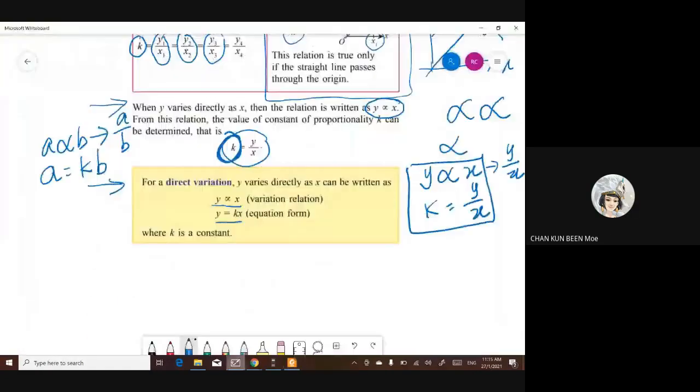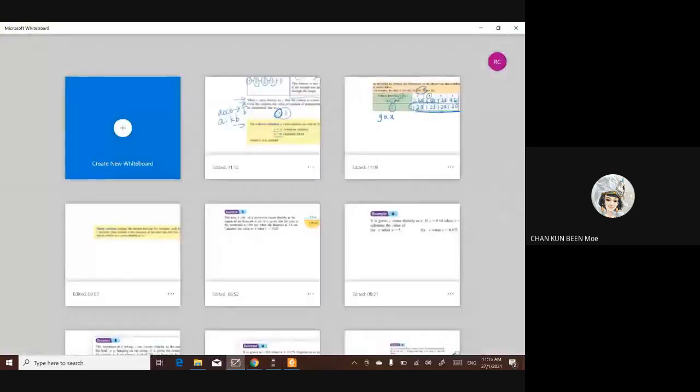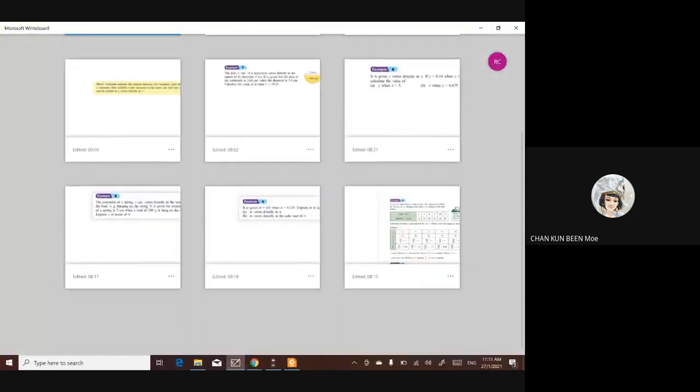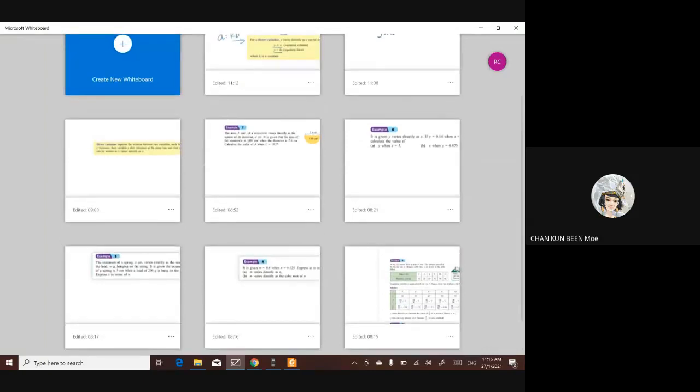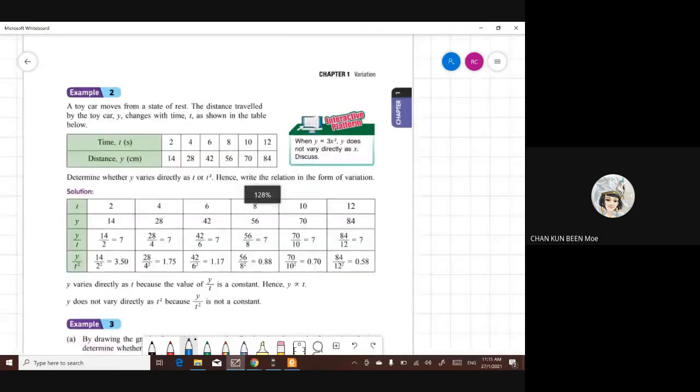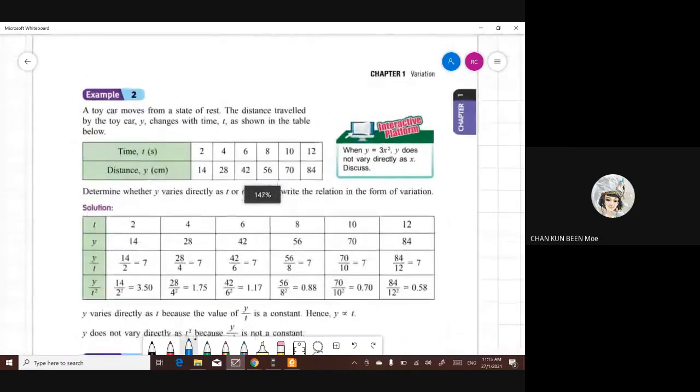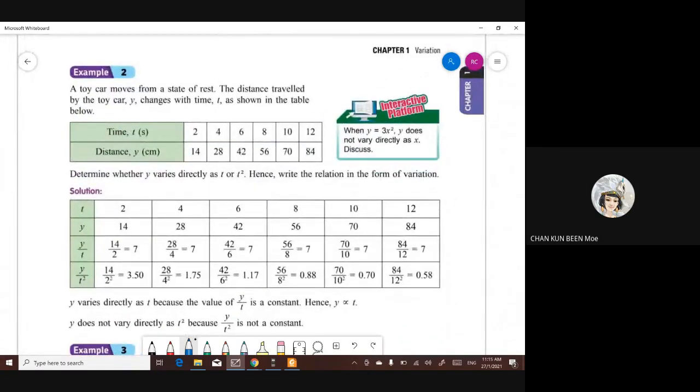This one I'm going to show it to you over here. Example 2. I think this is the one. Okay, example 2 here. A toy car moved from a state of rest. The distance traveled by the toy car, y, changes with the time t, as shown in the table below.